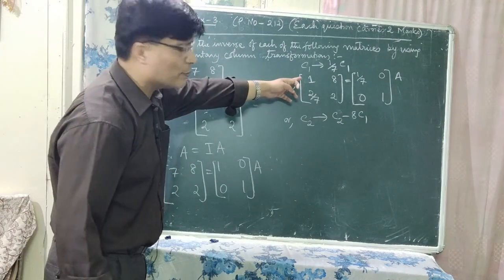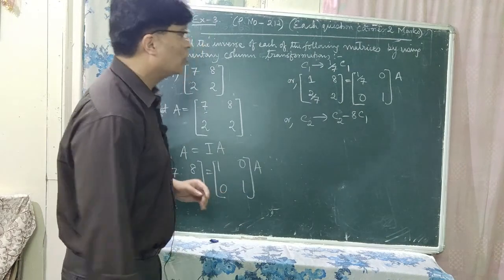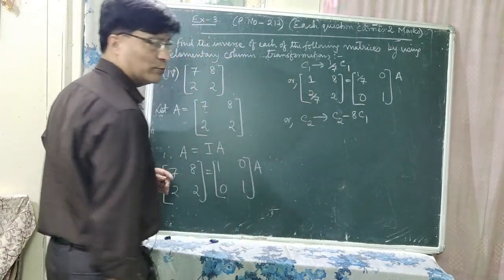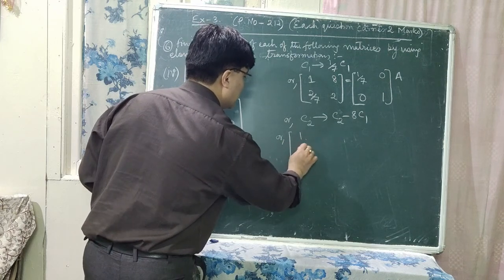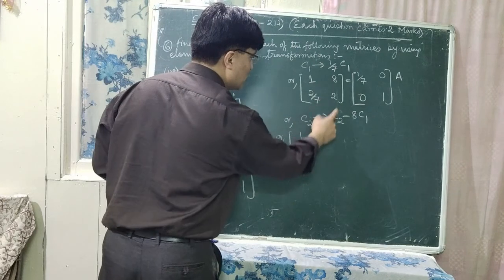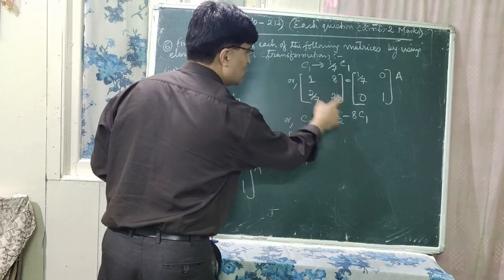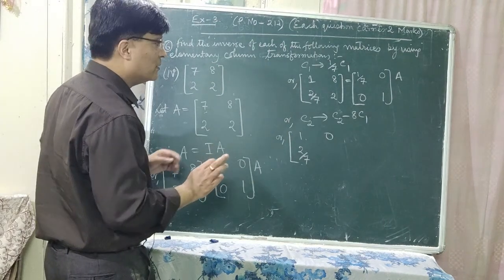That means this one should be multiplied by 8 and subtracted from column 2 to make this 8 as 0, right? Now column 1 remains same, 1, 2 by 7. Next, column 2 is 8 minus 8 into column 1, 8 ones are 8, 8 minus 8 is always 0. Is that clear?